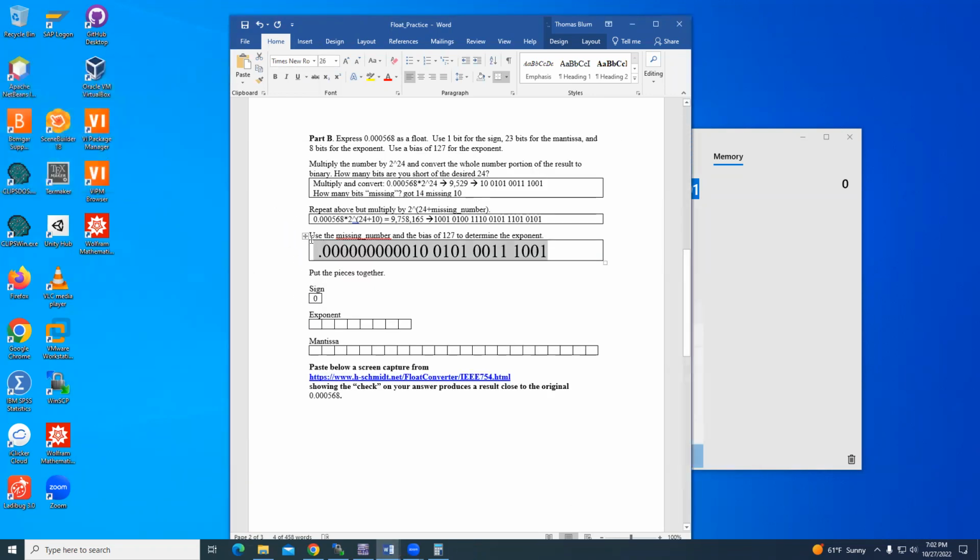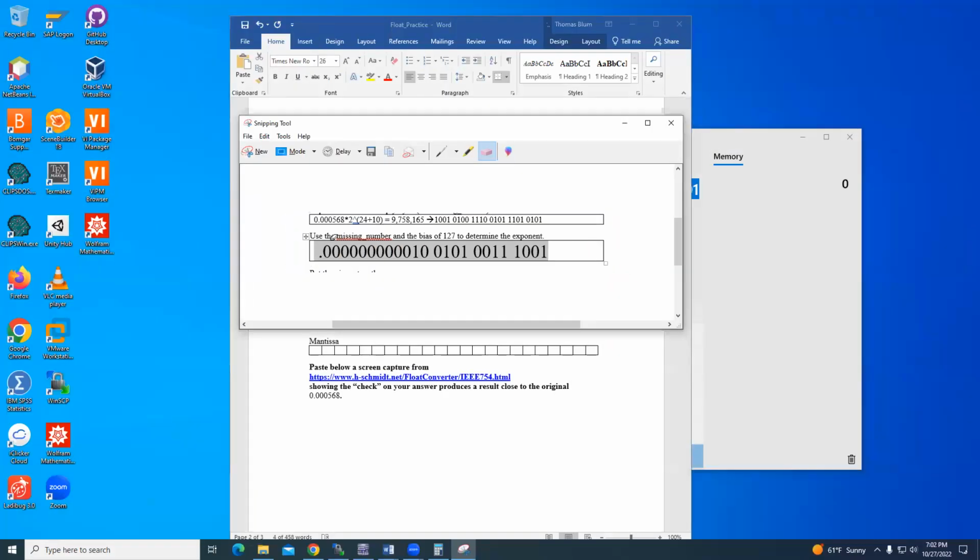Part of my game now is to move, not erase, but move this to here. That is my game, to get the dot to be after the first non-zero digit. So that's 1, 2, 3, 4, 5, 6, 7, 8, 9, 10, 11.